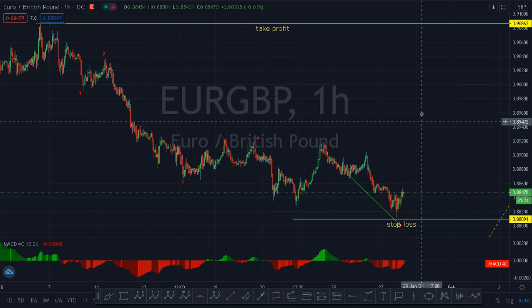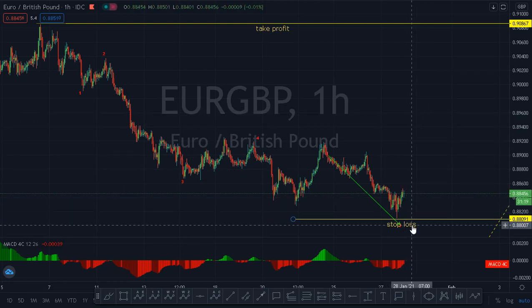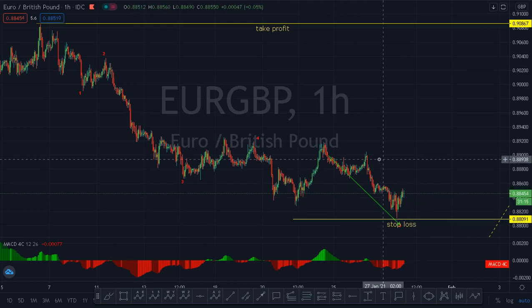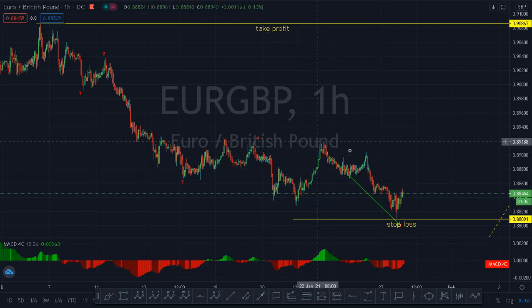Now the next thing to do, if you are afraid that it can still drop, is to wait before buying from here. You wait for the close of this channel. Maybe you wait for the close of this area or this area.